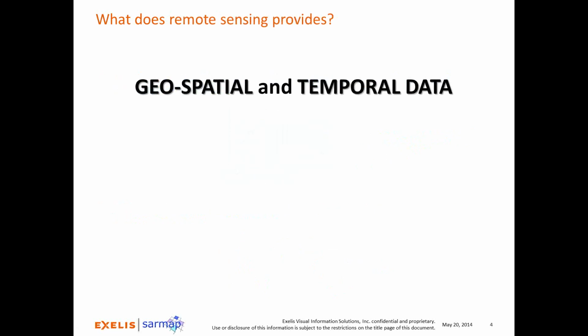Why are remote sensing data in general interesting for these types of applications? Of course, they provide geospatial information and temporal information. Geospatial means it's geo-referenced information, so very important is that we don't just get a nice picture, but pixel by pixel we will be able to locate accurately the measurement we make on the terrain.